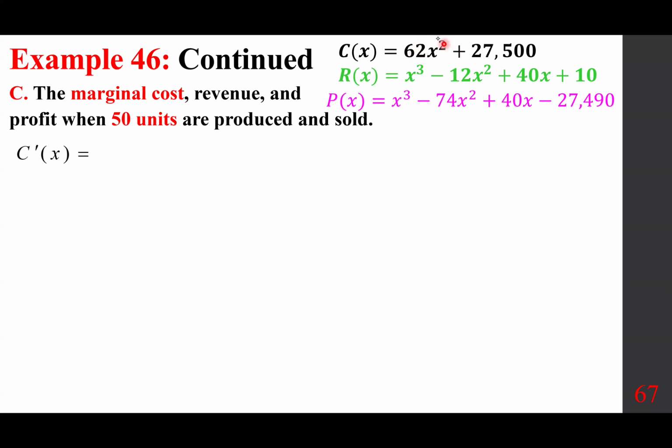Okay, so C prime: 62 times 2, 124x. 50 units, replace it with 50. So C prime of 50, 124 times 50, $6,200.